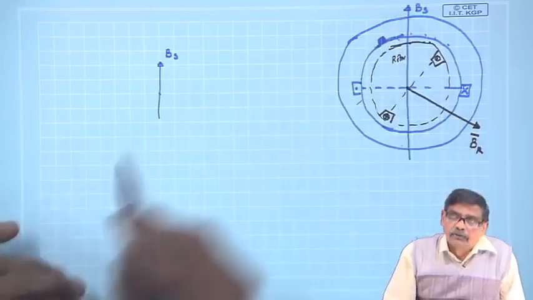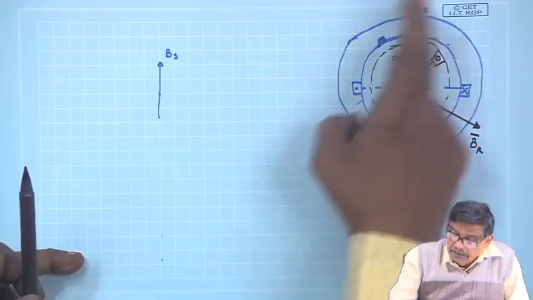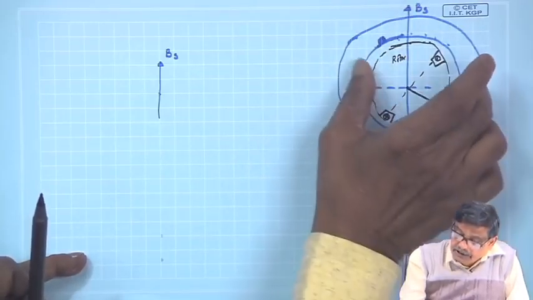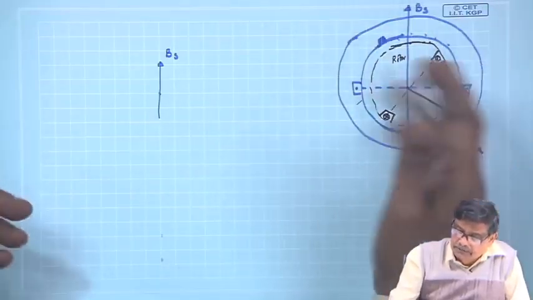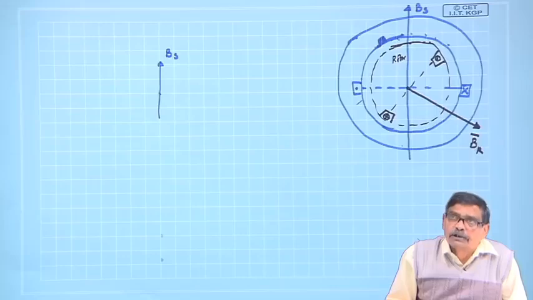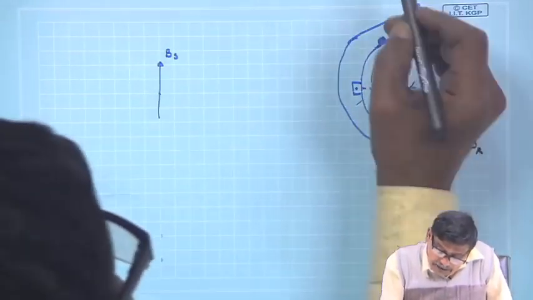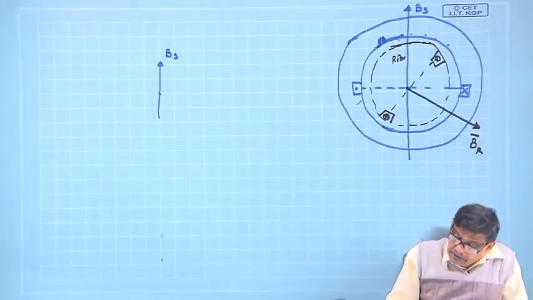Acha, I have put an arrow. What does that mean? It means the peak of the fundamental component of this BS, because I can distribute this winding and make it more sinusoidal, or only consider it rectangular, but it is the fundamental component I am talking about. So its peak is here, and this arrow is the lines of force direction, no issues.